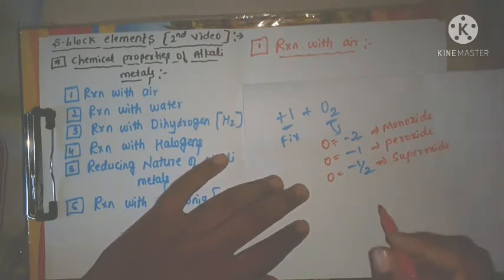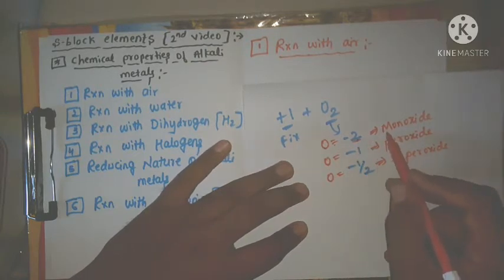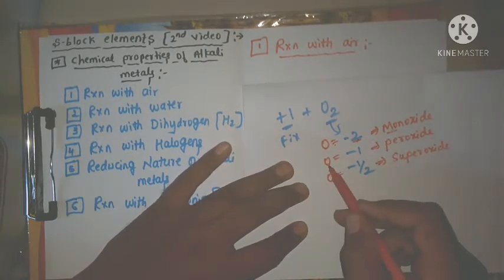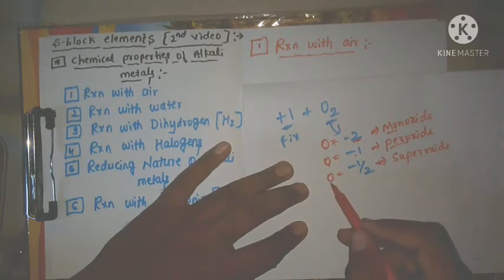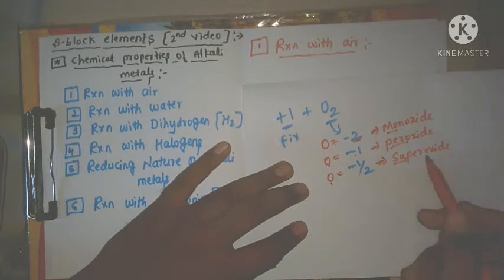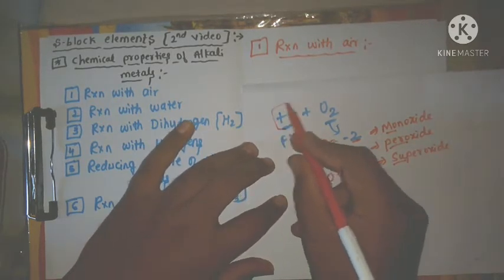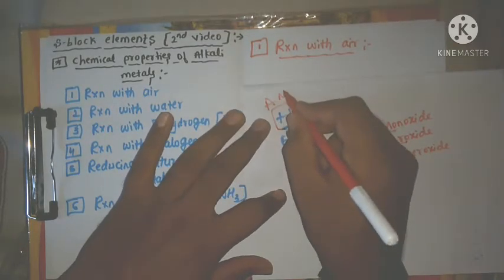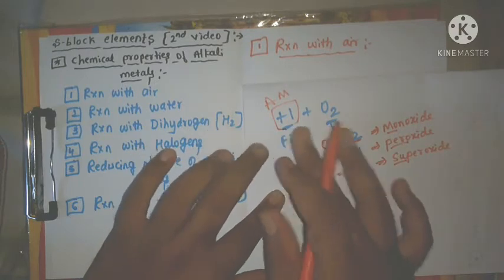Just remember, when the oxidation state of oxygen is -2, that is monoxide; when it is -1, that is peroxide; when it is -1/2, that is superoxide. But the oxidation state of alkali metal is fixed, that is +1 only. It does not change.